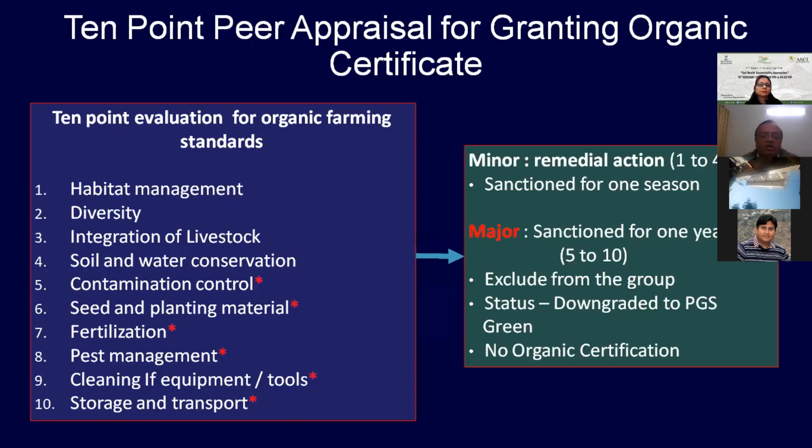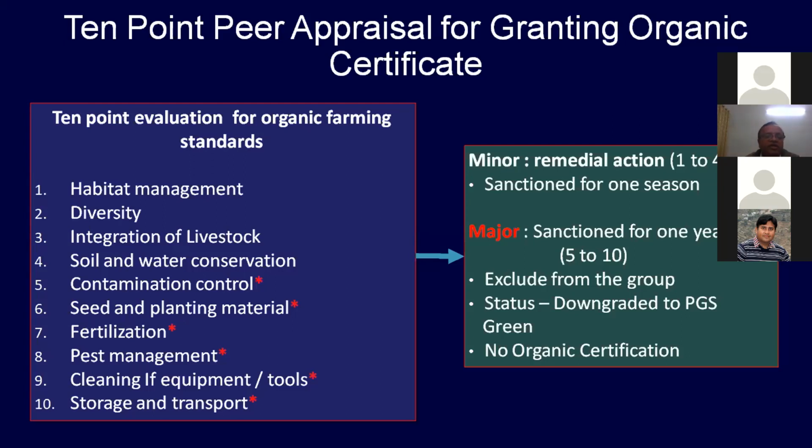Any organic crop has to be evaluated on 10 parameters. Any field has to be evaluated on 10 parameters. That is habitat management, as told earlier also. Habitat means habitat for natural predators, insects, beneficial birds.